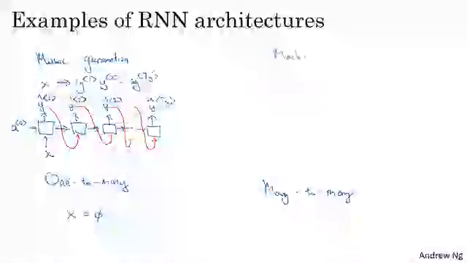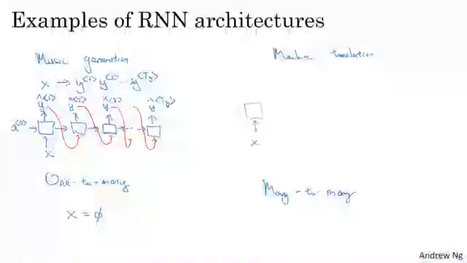But for an application like machine translation, the number of words in the input sentence, say a French sentence, and the number of words in the output sentence, say the translation into English, those sentences could be different lengths.